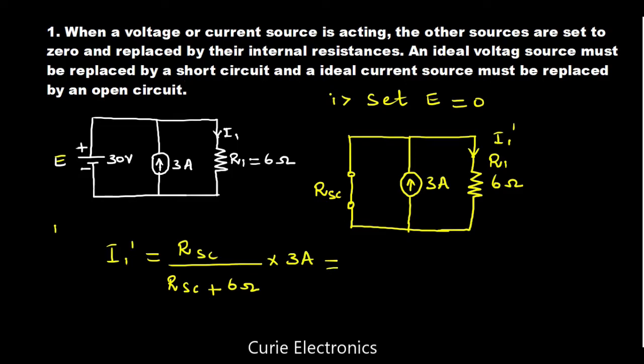Now we know when a short circuit is there, R short circuit resistance equal to 0. Once this becomes 0, upon 0 plus 6 multiplied by 3, we will get 0. So 0 amps, that is what we got, I1 dash. So our I1 dash equal to 0 amps.